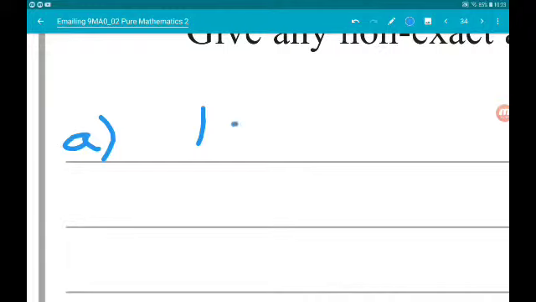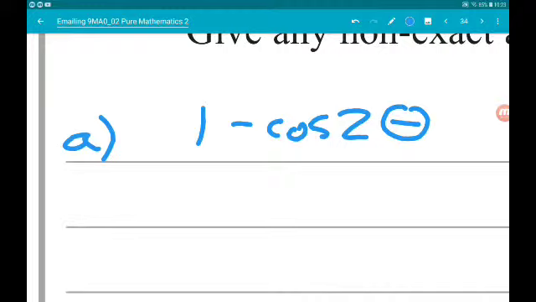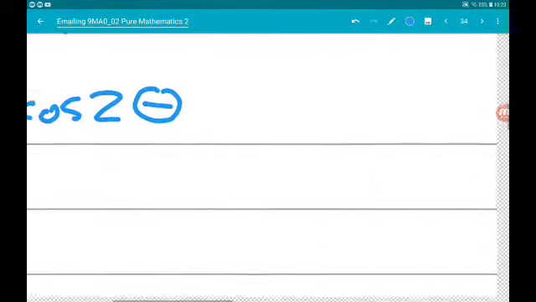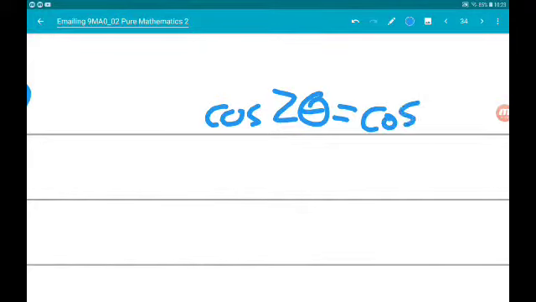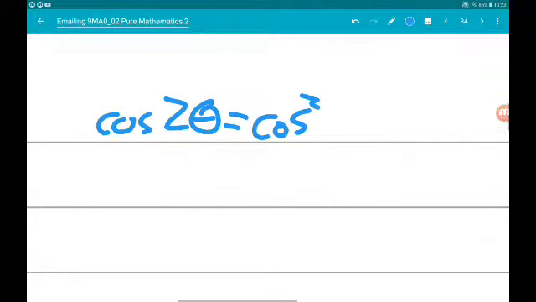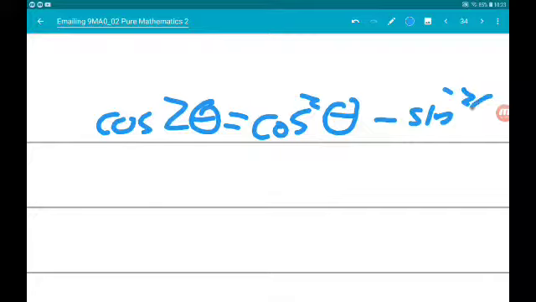So 1 minus cos of 2 theta. Well, we know that cos of 2 theta is cos squared minus sine squared.